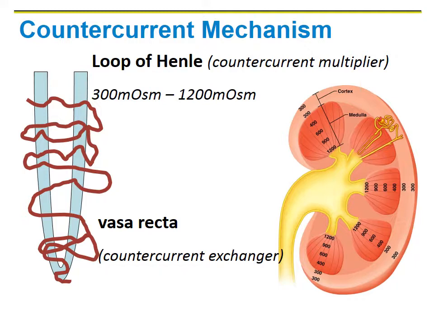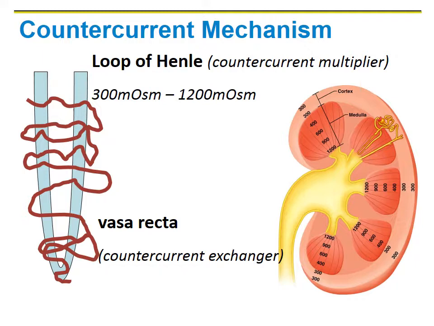Note, the loop and tissues in the medulla are alive. So do they need a blood supply? Absolutely. We need blood vessels to bring nutrients to and waste from the living cells and tissues here. That's one job of the capillary bed called the vasa recta.